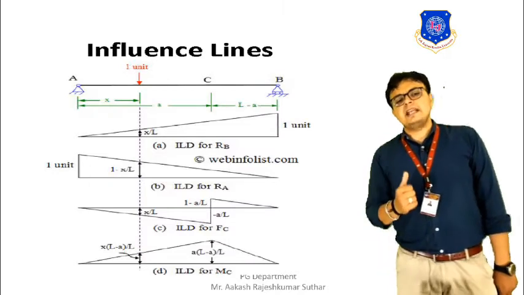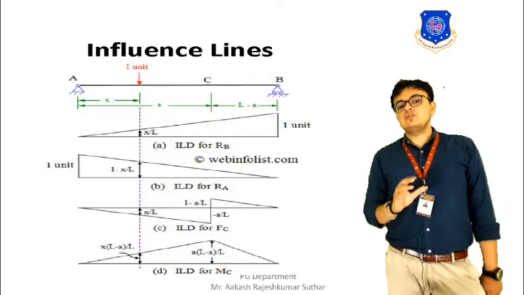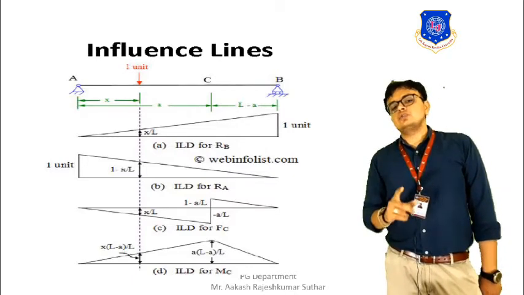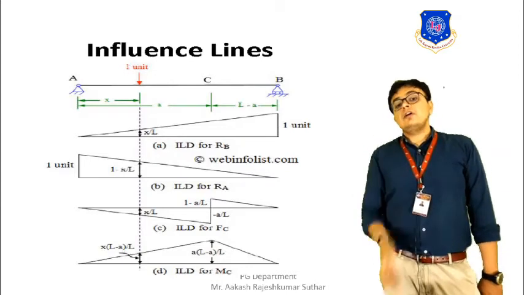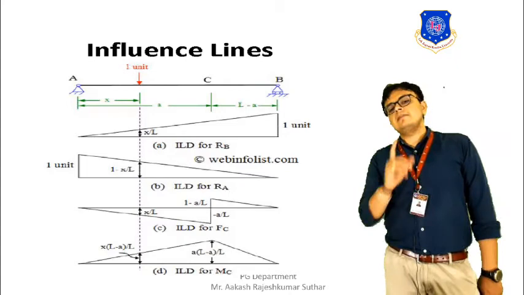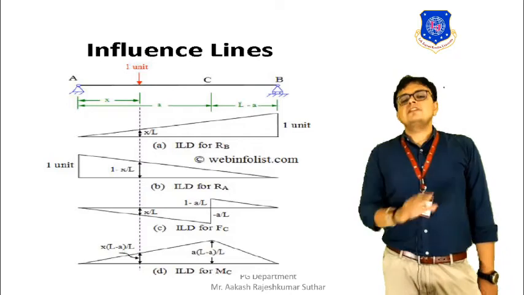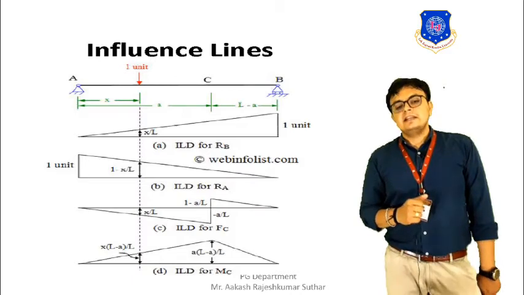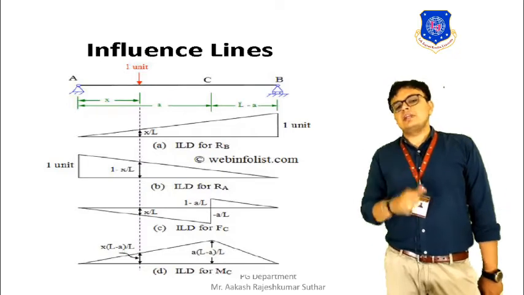The unit load will be acting at the distance X. If we want to find the shear force at C, then it will be equal to 1 minus A by L just left of point C. Above the center line it will be equal to 1 minus A by L, and below the center line, just left of point C, its intensity will be minus A by L, and the intensity of the loading at the distance X will be equal to X by L only.